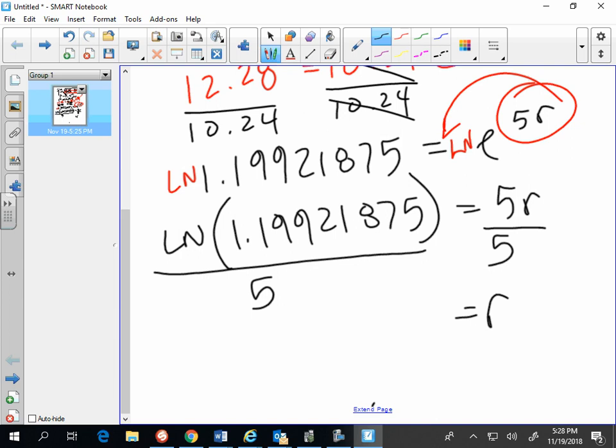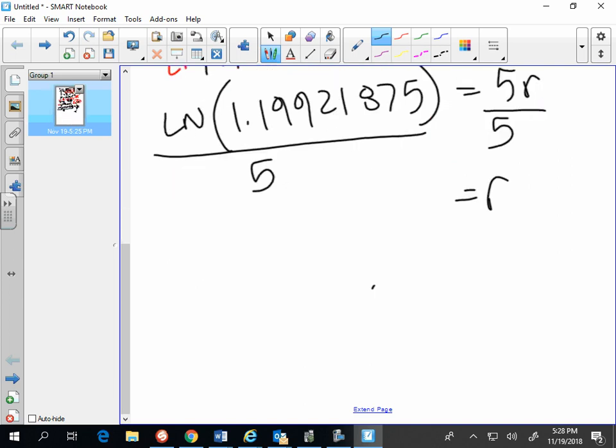r equals the ln of that 1.19921875, and then I'll divide that number by 5 to get a rate of 0.03633400606.